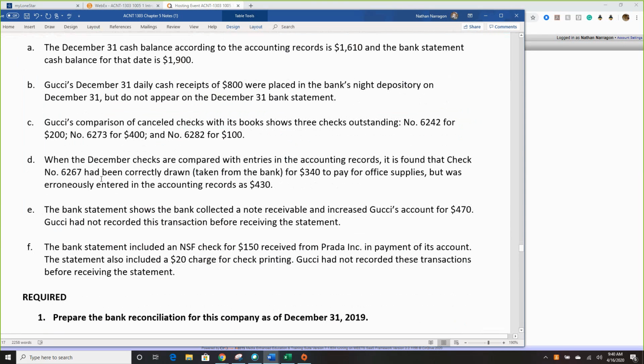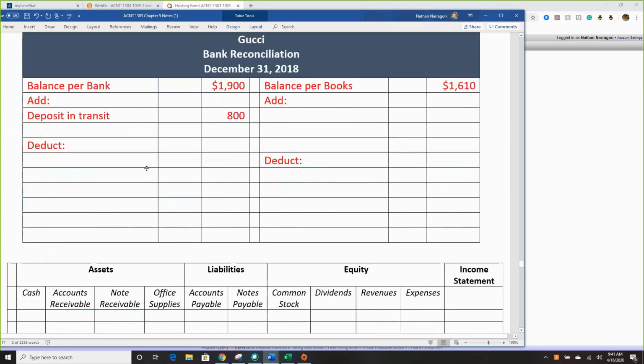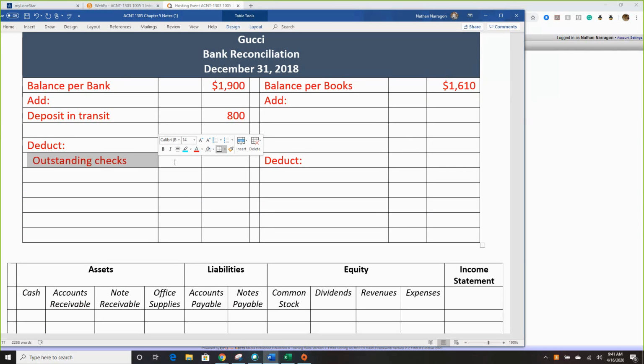Next, due to comparison of canceled checks with its book, it shows 3 checks outstanding. So again, this is showing the checks outstanding. There's only one side that has outstanding checks, and that is the bank.